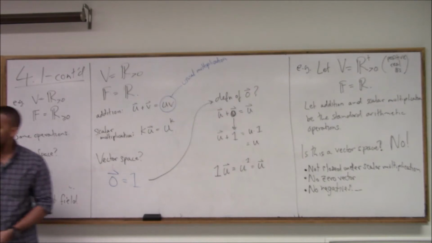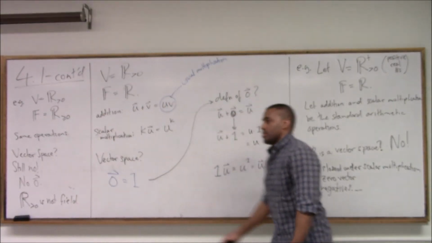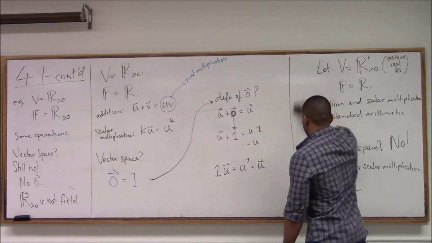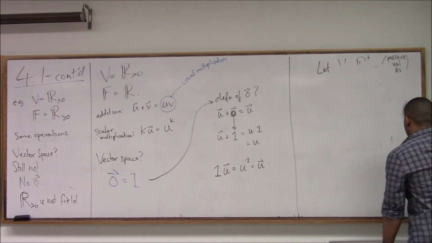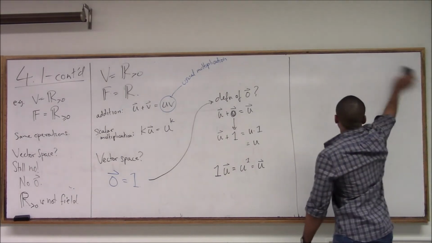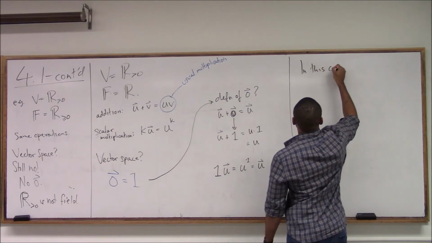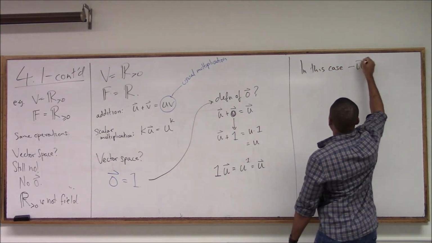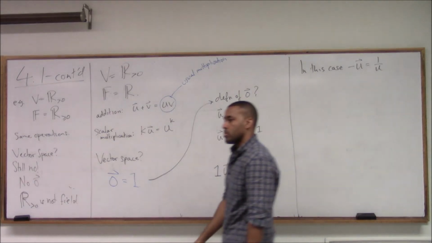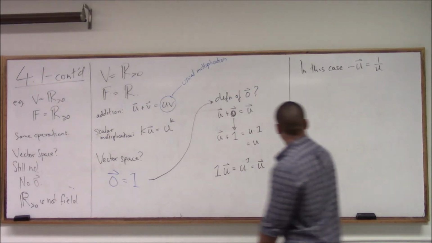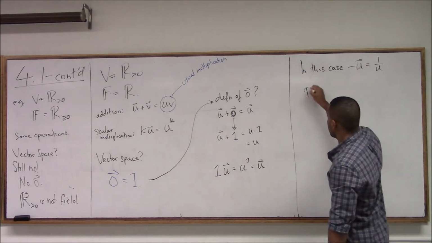Do I have negatives? Because that would break a vector space. What are the negatives? 1 over U. In this case, the negative of a vector is 1 over the vector. Do you see why? Because what is the definition of a negative?